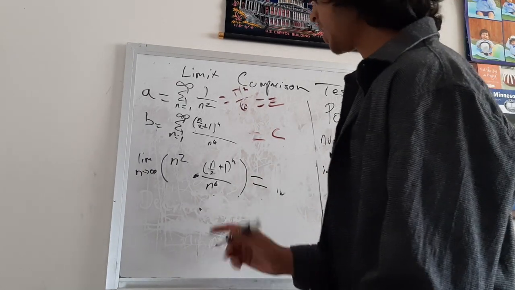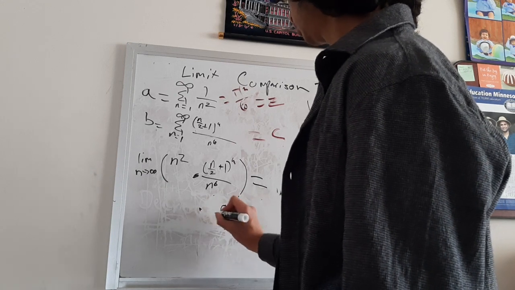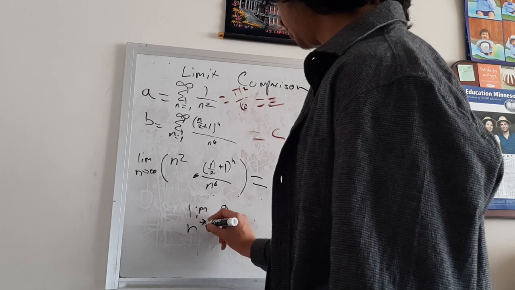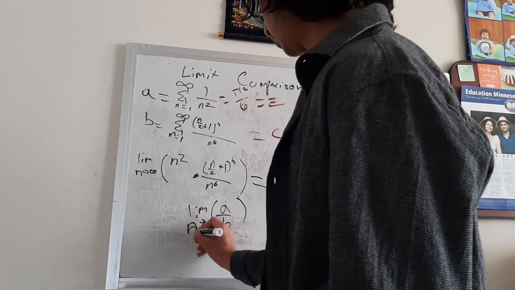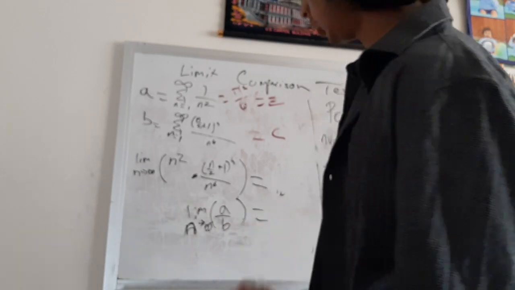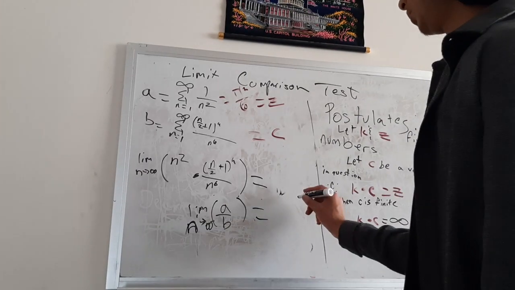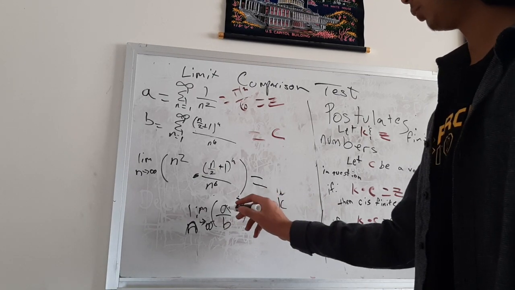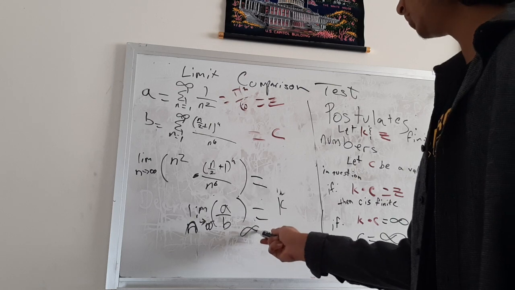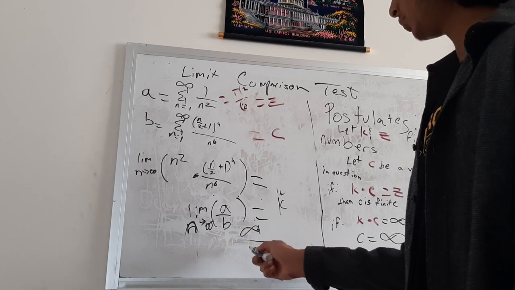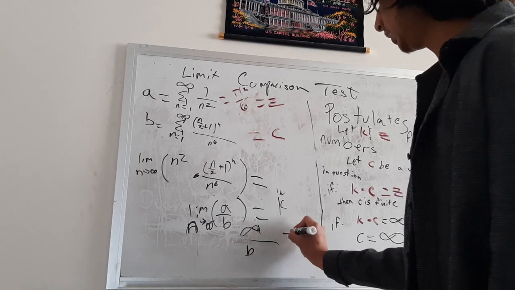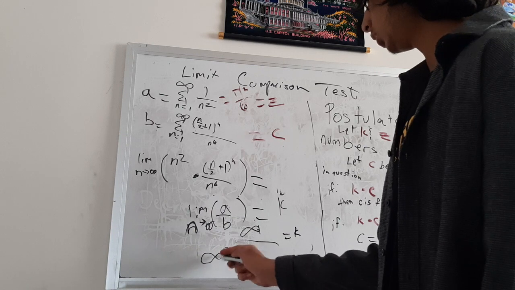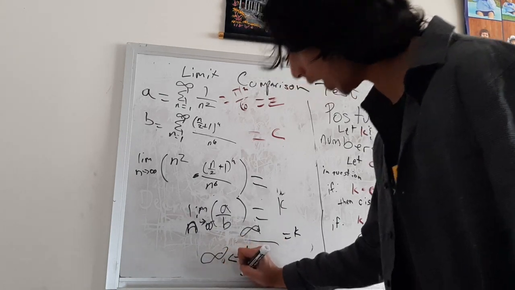Say I have some A divided by B in that limit and it approaches some k value, but one of these is infinite, the one that we know is infinite, and we have an unknown right here. What we have to say is that b is also some sort of infinity. I'll call it infinity not.